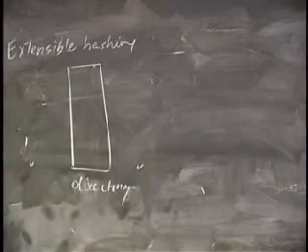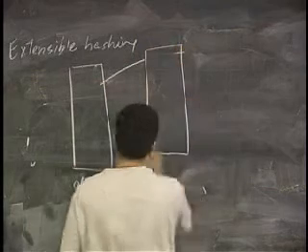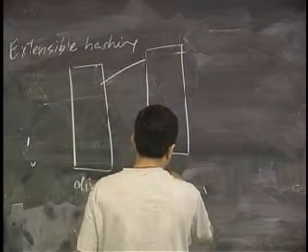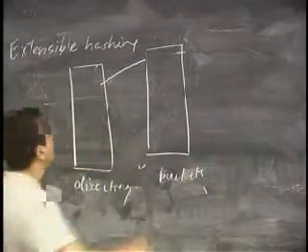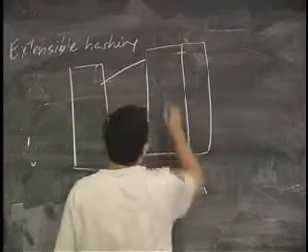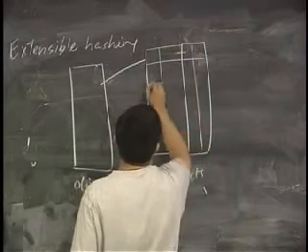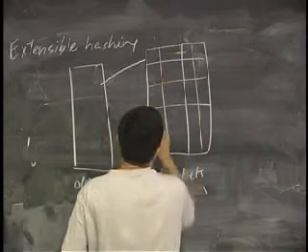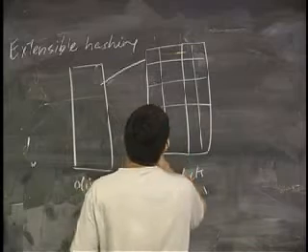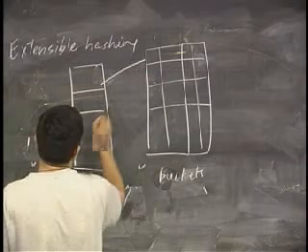This is a directory of pointers that will point to buckets. So let me actually write the whole example. 4 to start with.